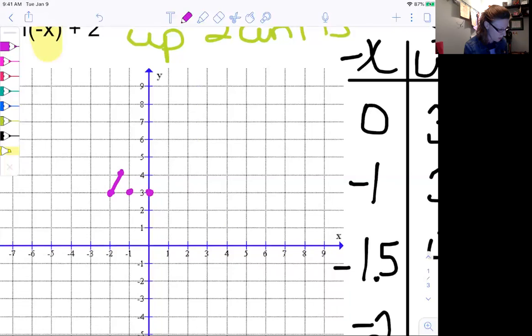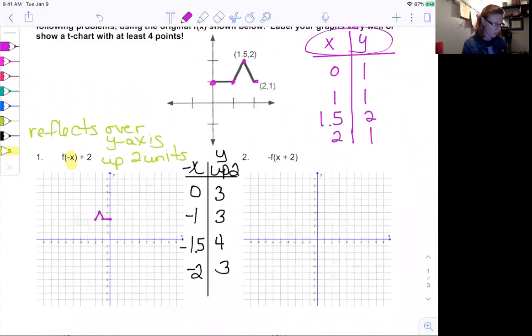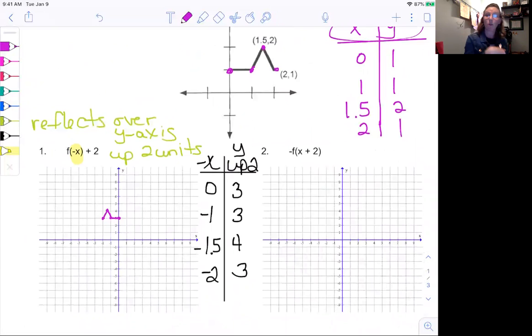However, it should still look the same. Comparing it to what we had, I can see that it flipped over the y-axis, and it's also shifted up 2. On the y-axis, it initially was at 0, 1, and now it's up at 0, 3. And it also flipped over the y-axis.